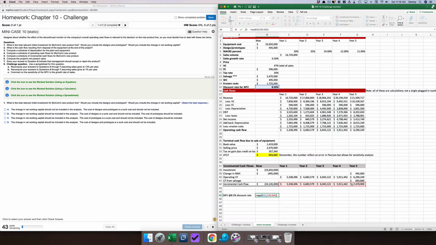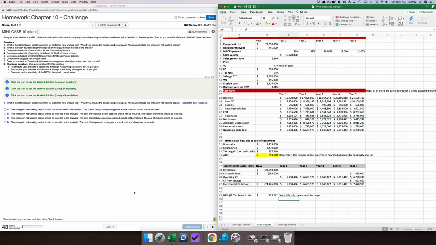And then you want to subtract the initial investment, which in this case means we're adding that value here because it's already indicated as a negative. So our net present value is $423,000. Since the net present value is greater than 0, we should accept the project.